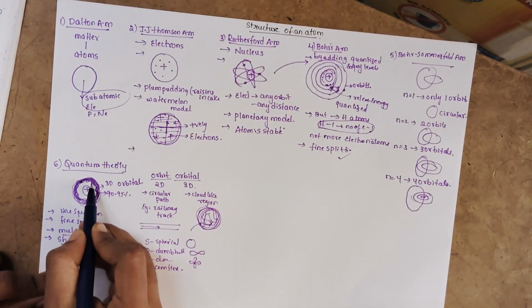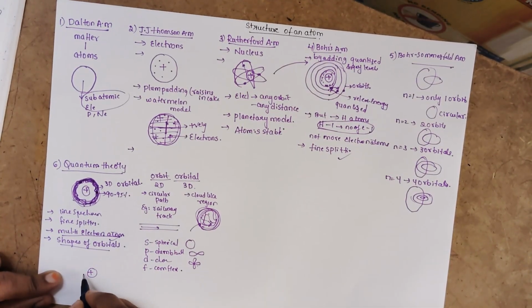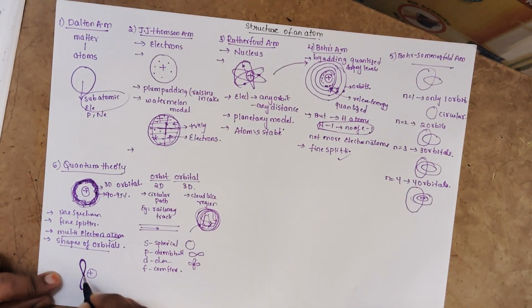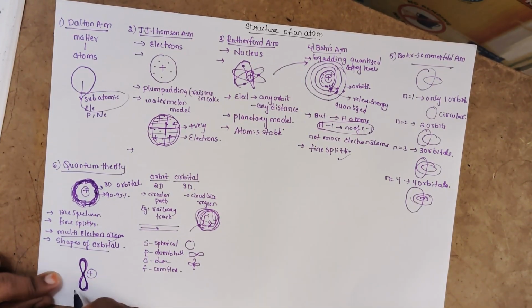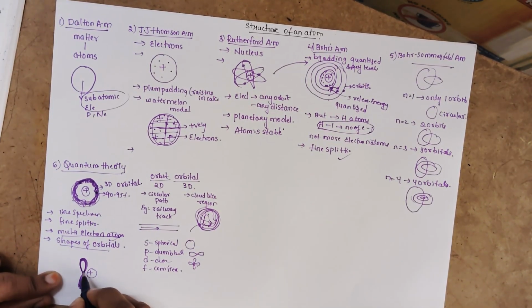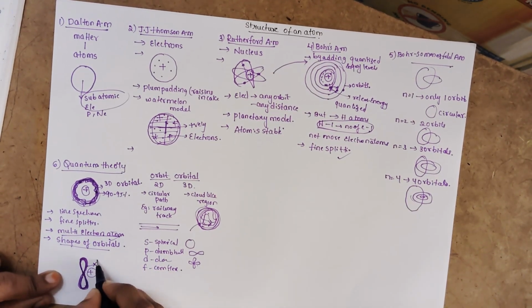Now the electron can move only in this particular area. Suppose dumbbell shape means if the orbital is present in this way, sometimes the electron moves in this area, sometimes in this area, but most of the time the electron is present in this particular area. So it is in the dumbbell shape. So the shape of the orbital is dumbbell.